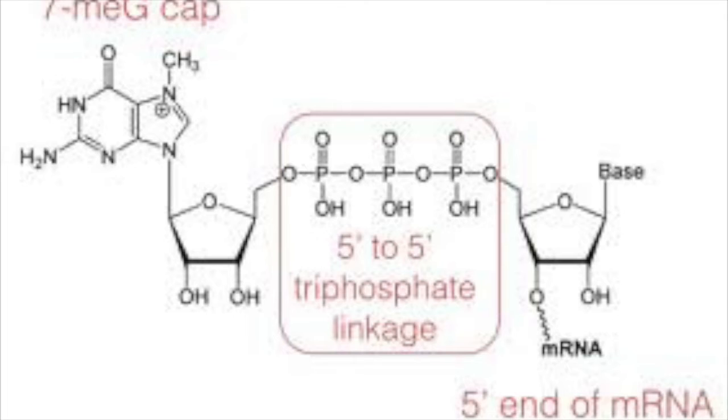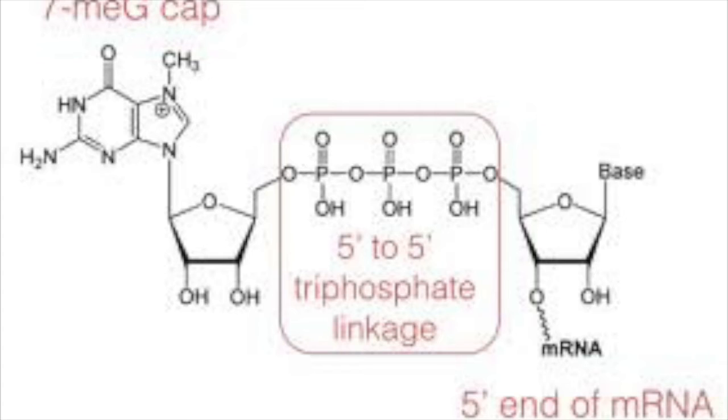Pre-mRNA molecules go through 3 main modifications: 5' processing, 3' processing, and RNA splicing. Let's start with 5' processing, which is done in order to add a modified guanine, which acts as a cap on the 5' end of RNA. 5' processing is done by removing the 5' phosphate with the aid of an enzyme.